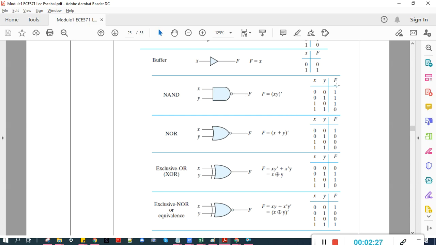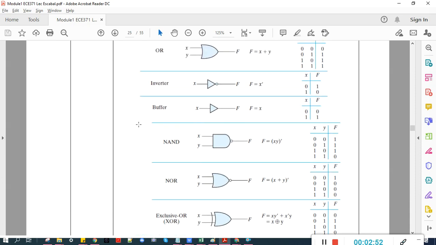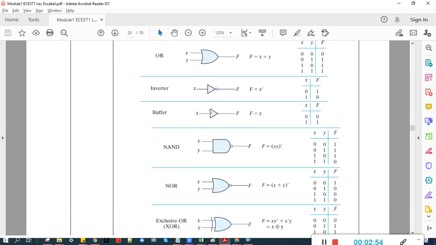Notice that the output F is 0 if both inputs are 1, which is the very opposite of the AND gate. That is the NAND gate. Then the NOR gate is the complement of the OR gate. We have another bubble here. We have the same symbol as the OR gate, but with a bubble at the output.